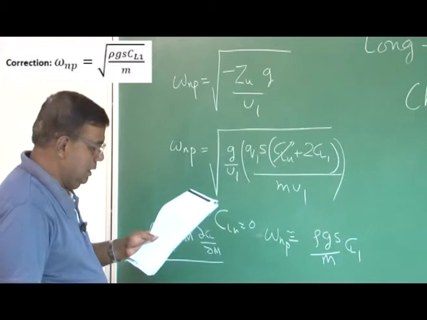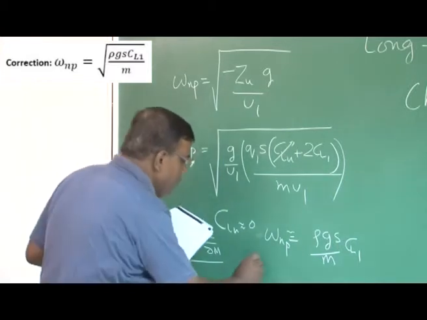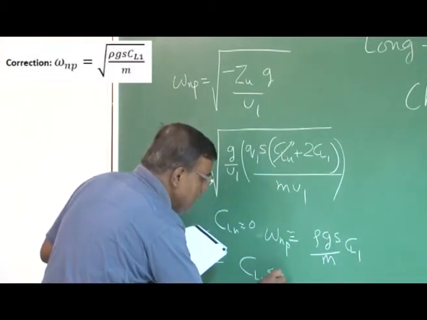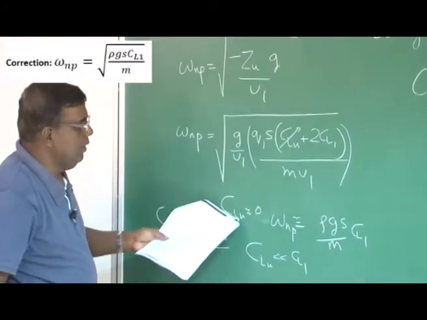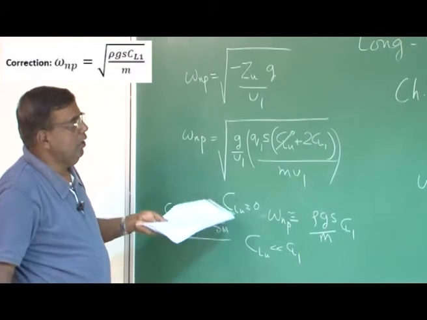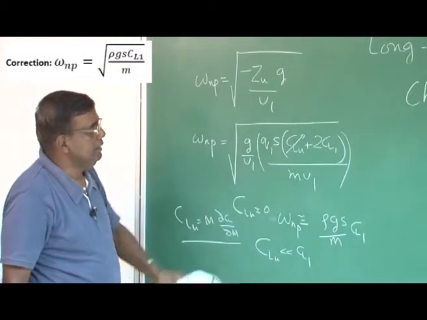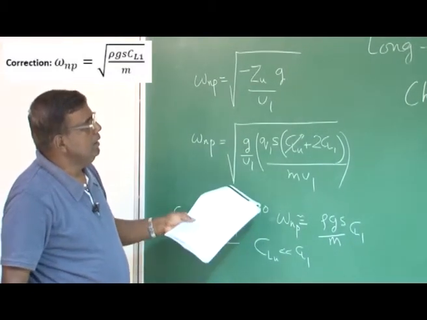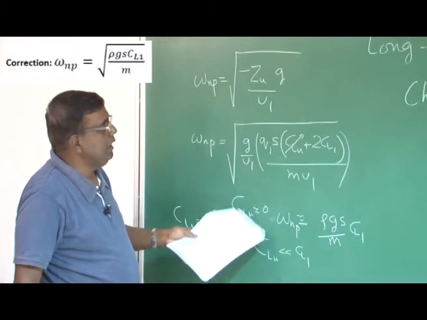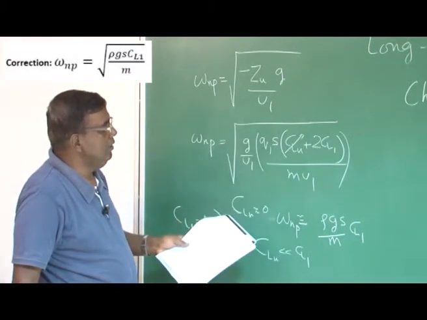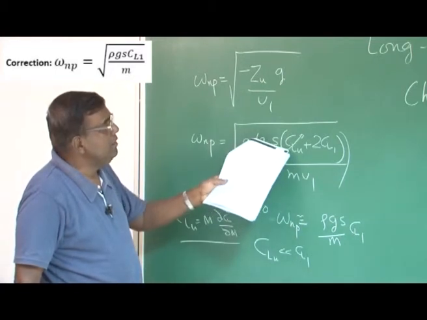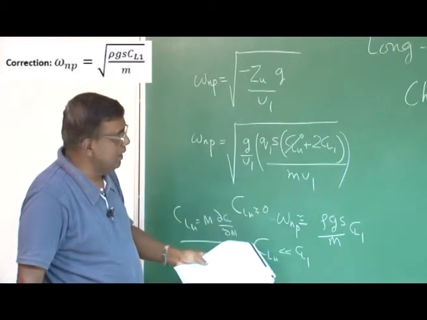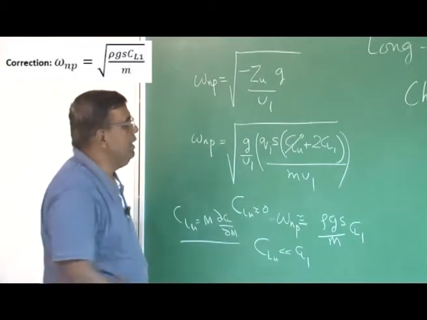Because remember that we have assumed CLu less than CL1, or initially I was talking about 0. The better way of handling this is you can say, okay, even if it is supersonic case, high speed case, CLu will not be 0. So I said, okay, my approximation says in any case CLu will be much less than compared to CL1, so I neglect this.